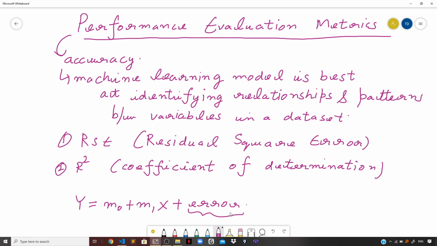And here comes the concept of RSE, which tells us how much our predicted value deviates from the actual value on an average. So let me write this down.